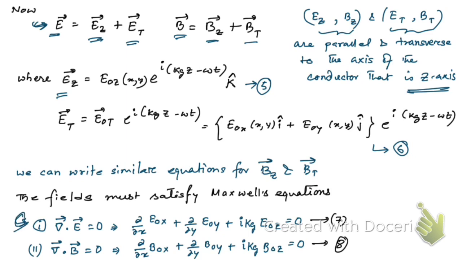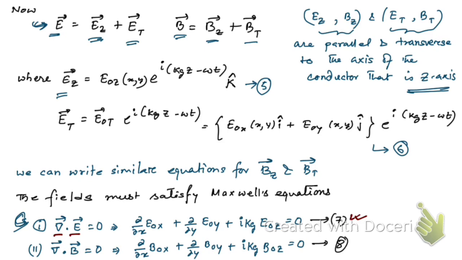The first equation can be written this way, as equation number 7. Instead of this E, we have used these components, and taking the dot product of del and E, we have got these equations.